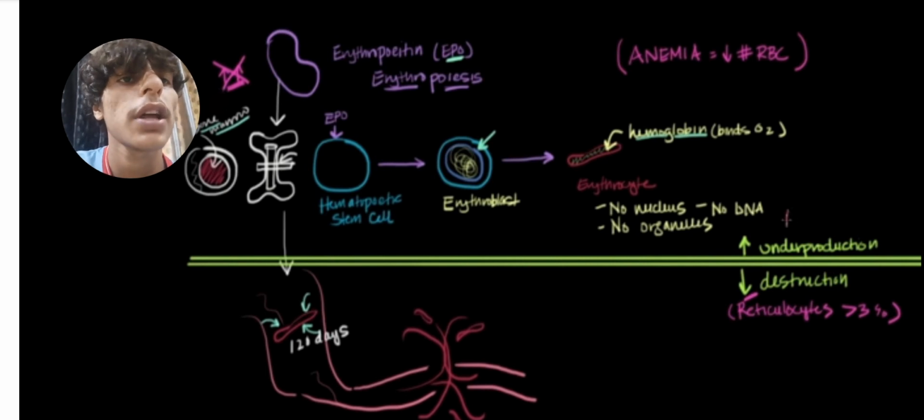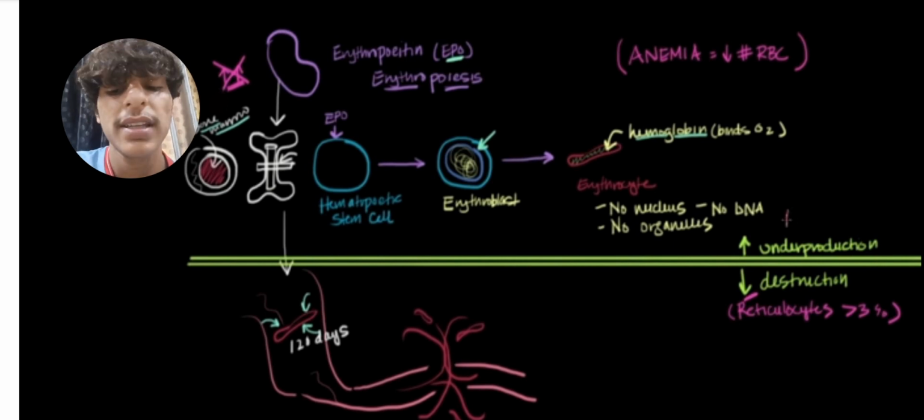In bone marrow there are hemopoietic stem cells which will synthesize RBC. First of all they will synthesize some immature RBCs that are known as erythroblasts. Erythroblasts have some genetic material inside which will give rise to erythrocytes, and this erythrocyte has no nucleus, no DNA, no cell organelles like mitochondria, but it has hemoglobin, and hemoglobin has components like iodine.